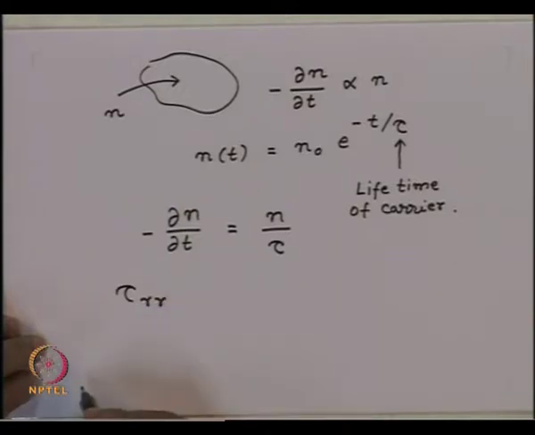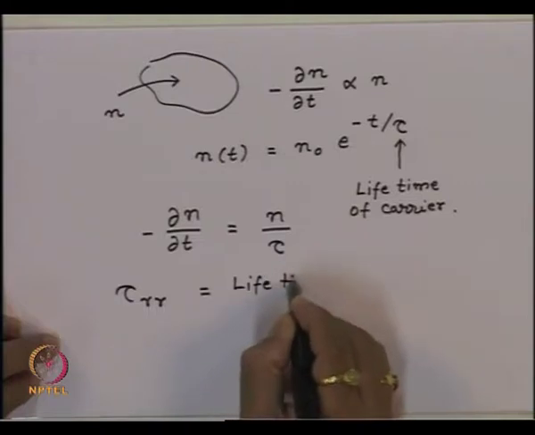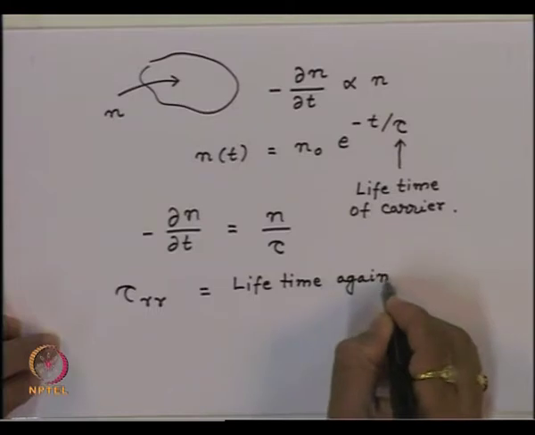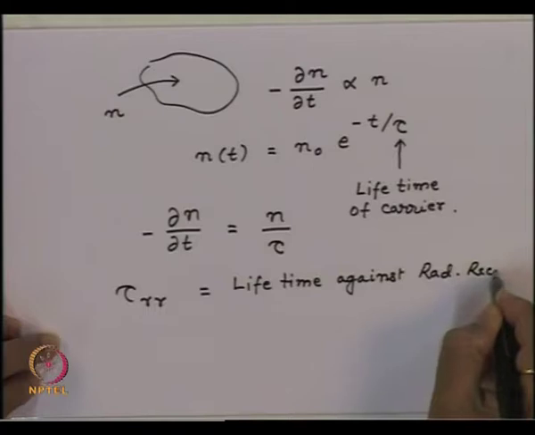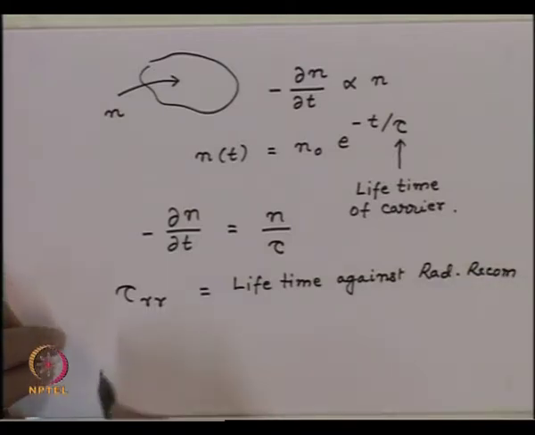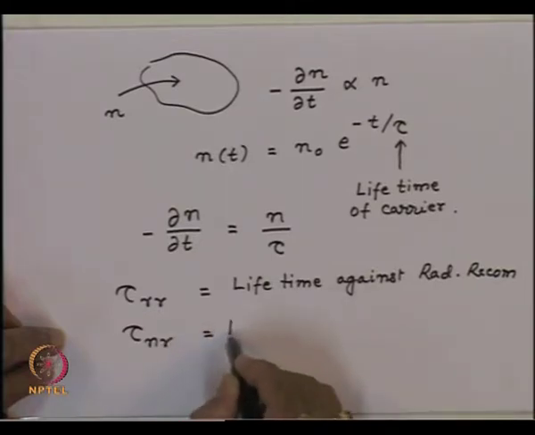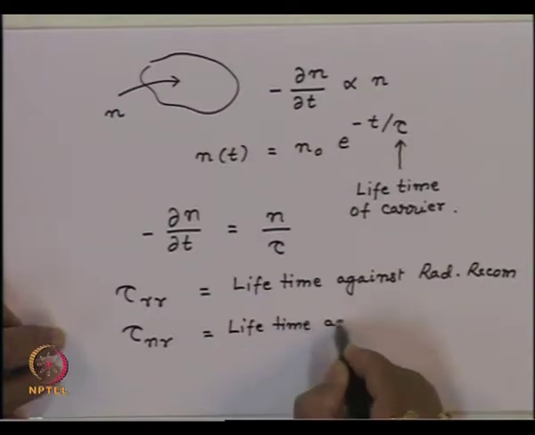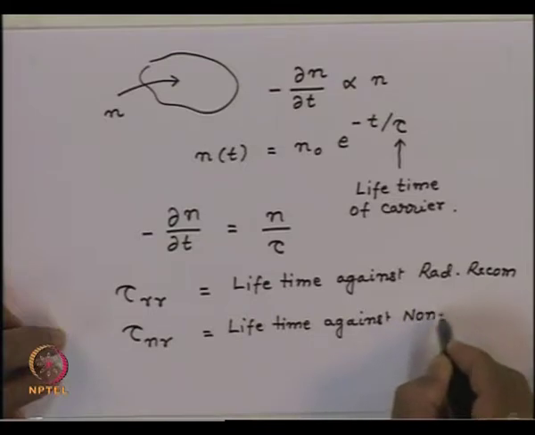So, we have tau RR, which is the lifetime against radiative process recombination. Similarly, tau NR is the lifetime against non-radiative process.